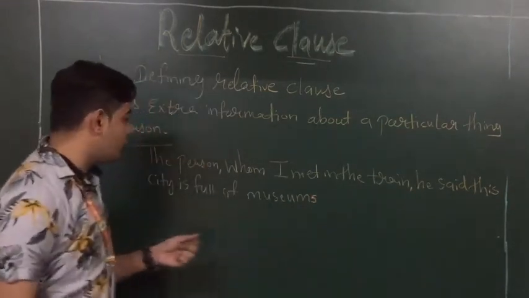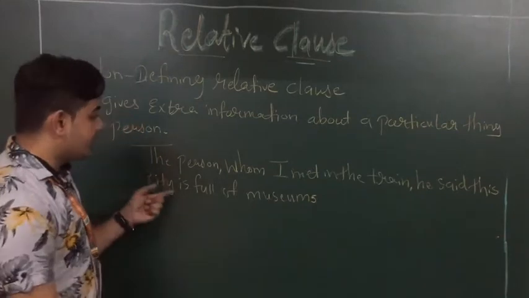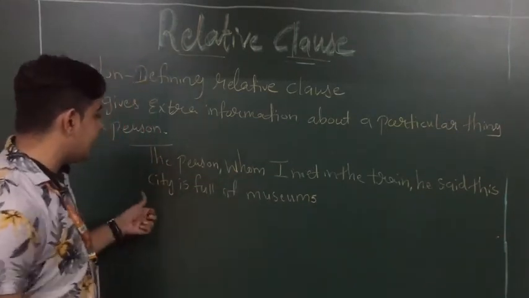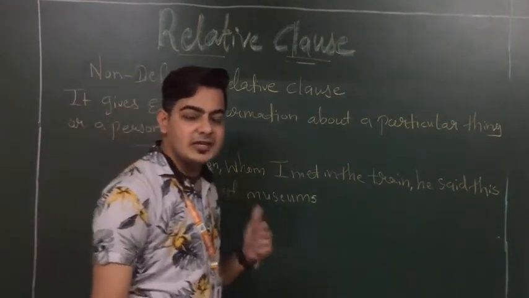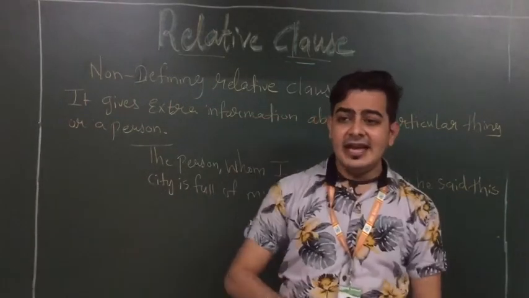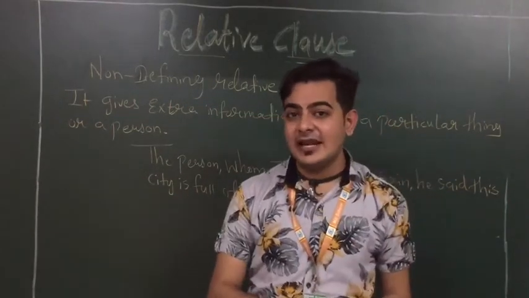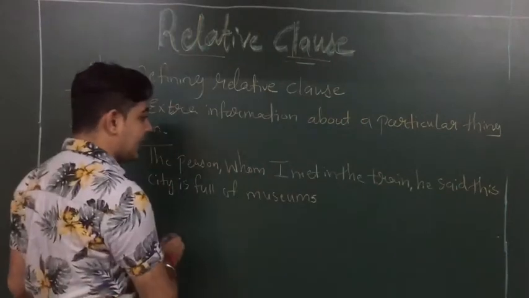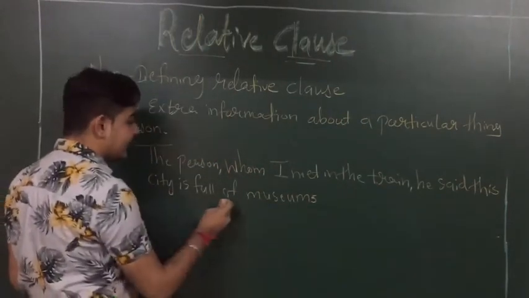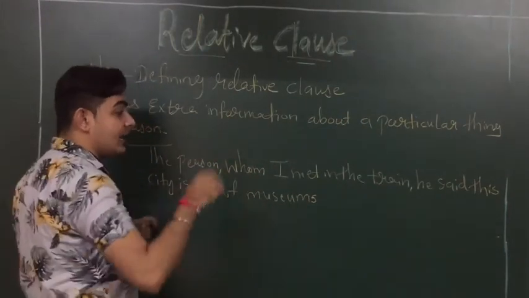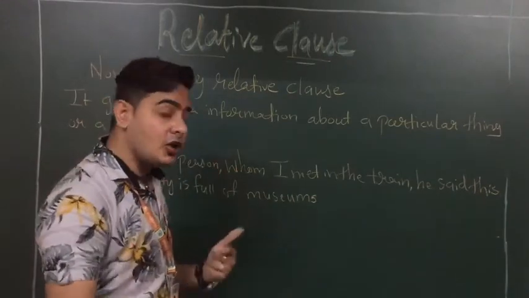This city is full of museums. The person whom I met in the train, he said this city is full of museums. ठीक है? एक्स्ट्रा इंफॉर्मेशन, आपको पता चल गया होगा क्या दिया है उसने, that he said this city is full of museums. And what is our clause in this?